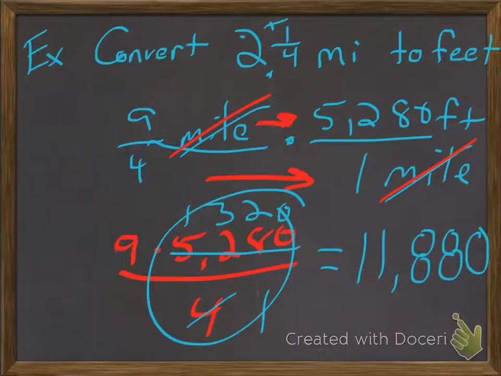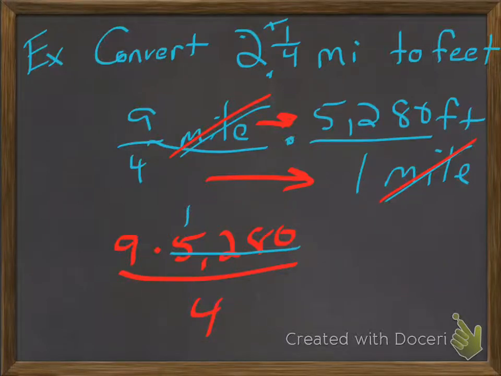If you're confused by what I just did, let me start over. Here we are. We multiplied straight across like this. We got 9 times 5,280, then divided by 4.